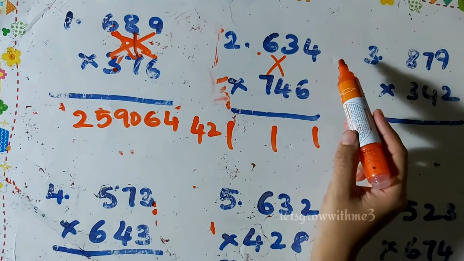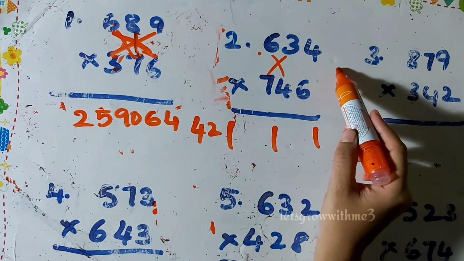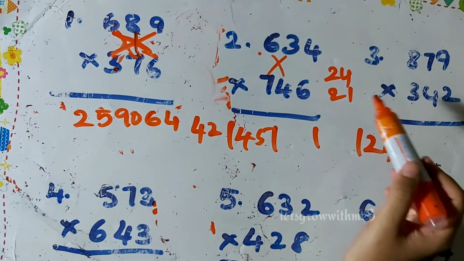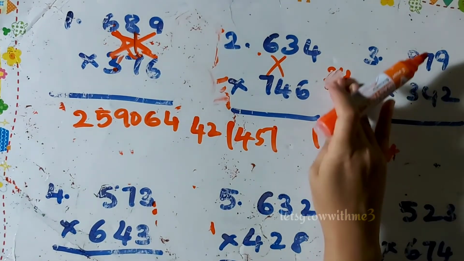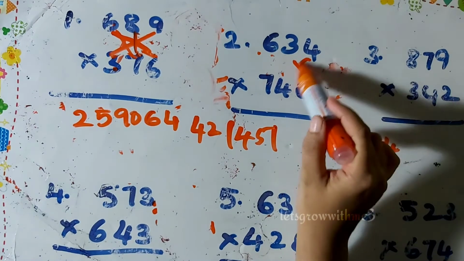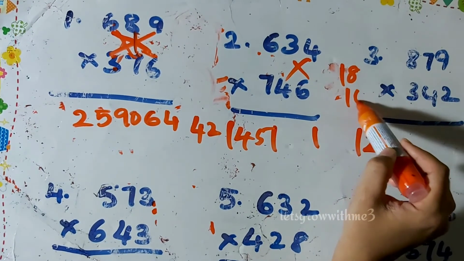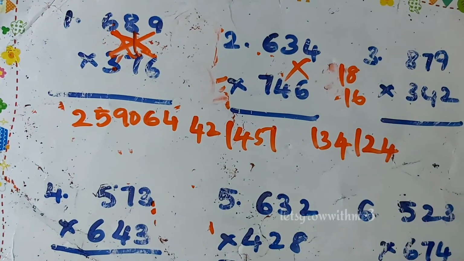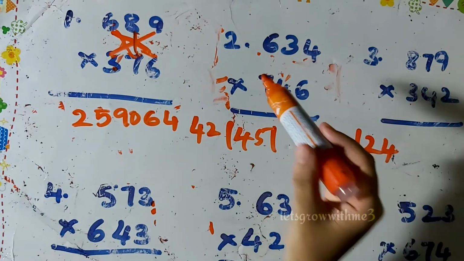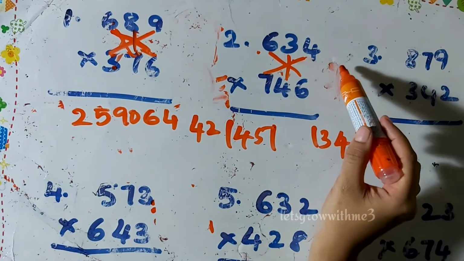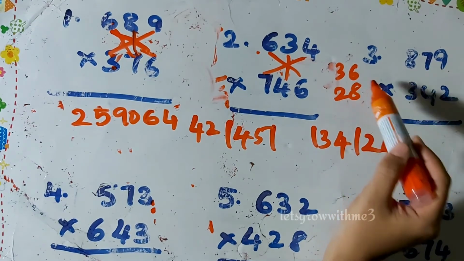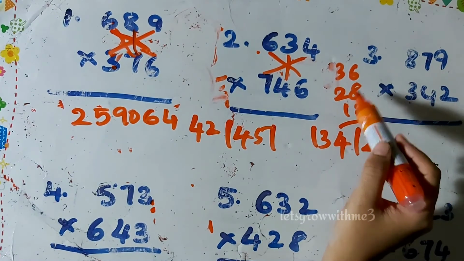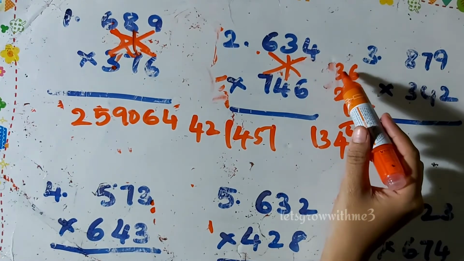The first crisscross is 21 plus 24, which is 45. And the next crisscross is 4 fours are 16 plus 18, so the answer is 34. And then the middle is 6 6s are 36, 7 4s are 28, plus 4 3s are 12. When we add it, we get 76.